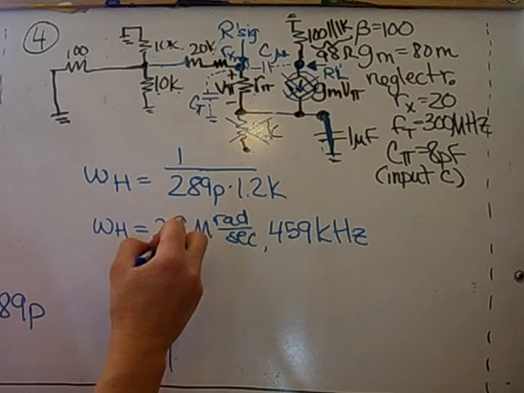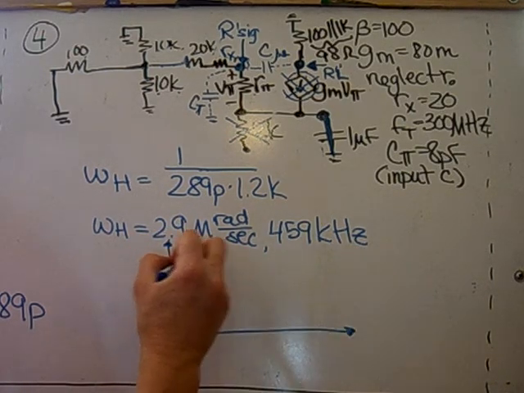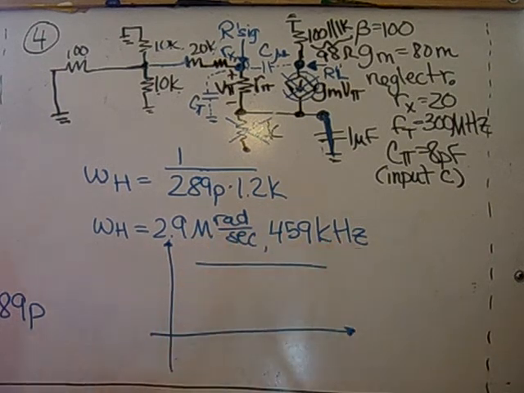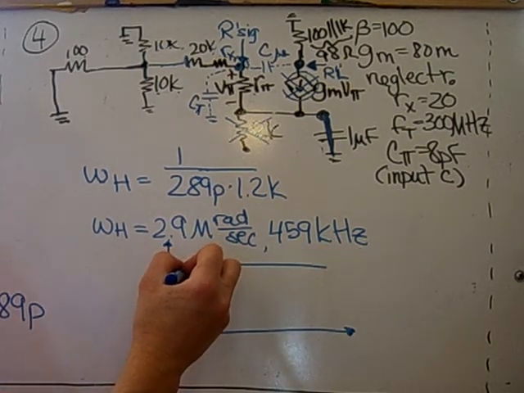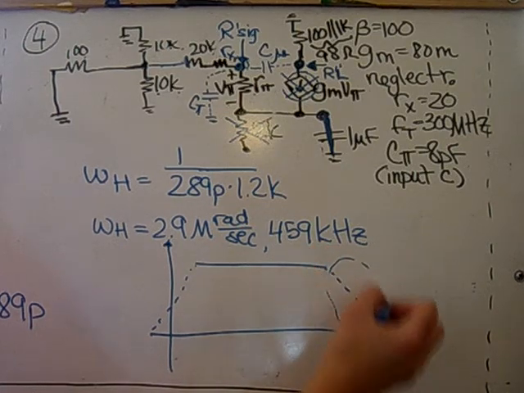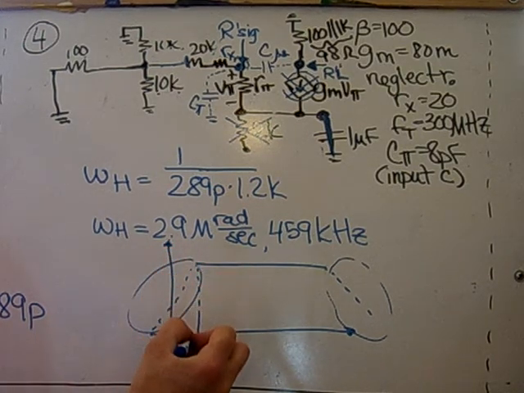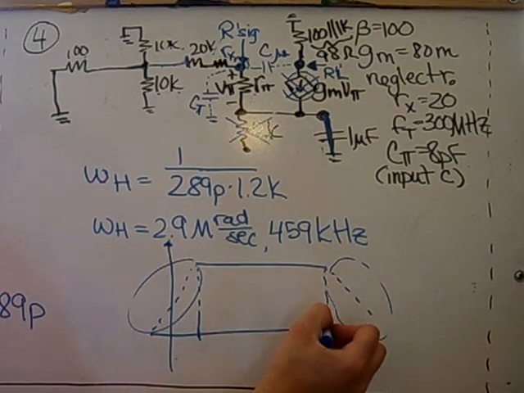So the Bode plot looks like this, where we have a flat region, and then we know it drops off, but we don't know the exact effect and form of this, but all we really care about is knowing this value and this value.